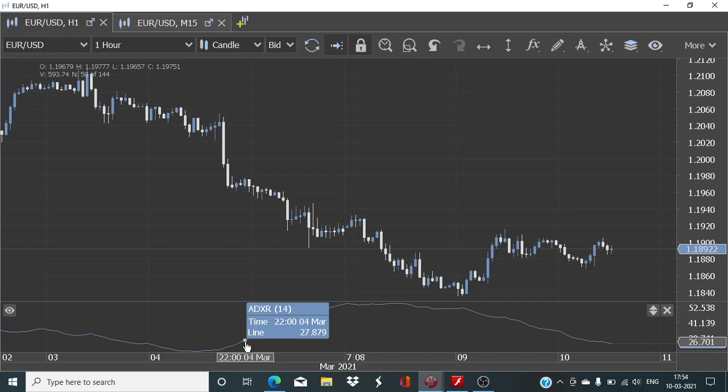So a similar logic we will follow for the ADXR as well, and here this 25 will be the decisive marker. Anything below it we won't touch, and above it we will look into the trading possibilities in the direction of the trend.